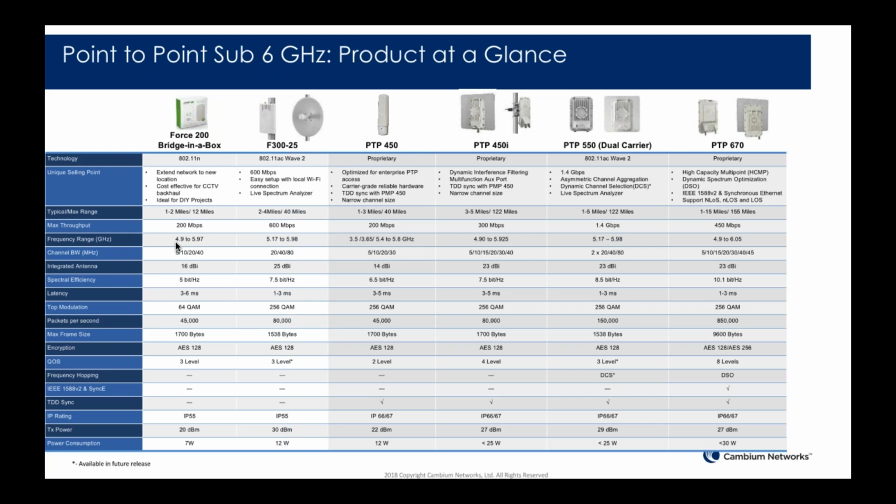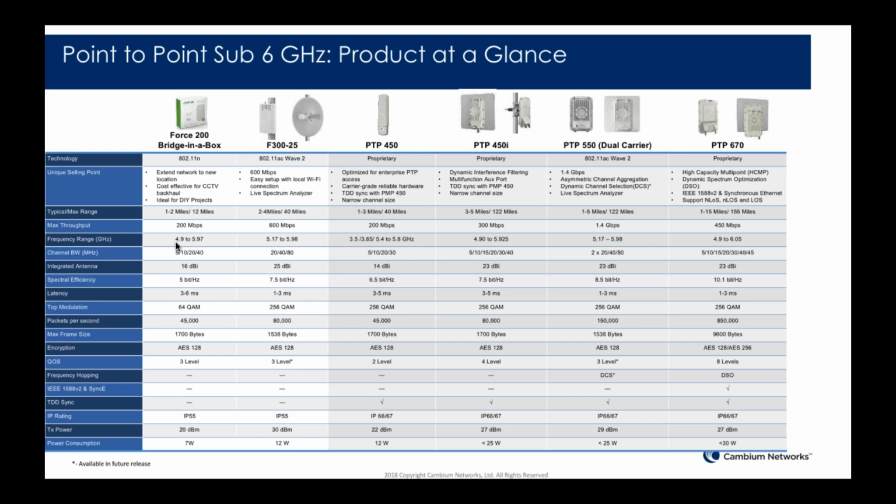From left to right, you can see different point-to-point links available from Cambium, sorted by price. On the left is the most cost-effective solution. On the right is the most powerful radio you can buy from Cambium.